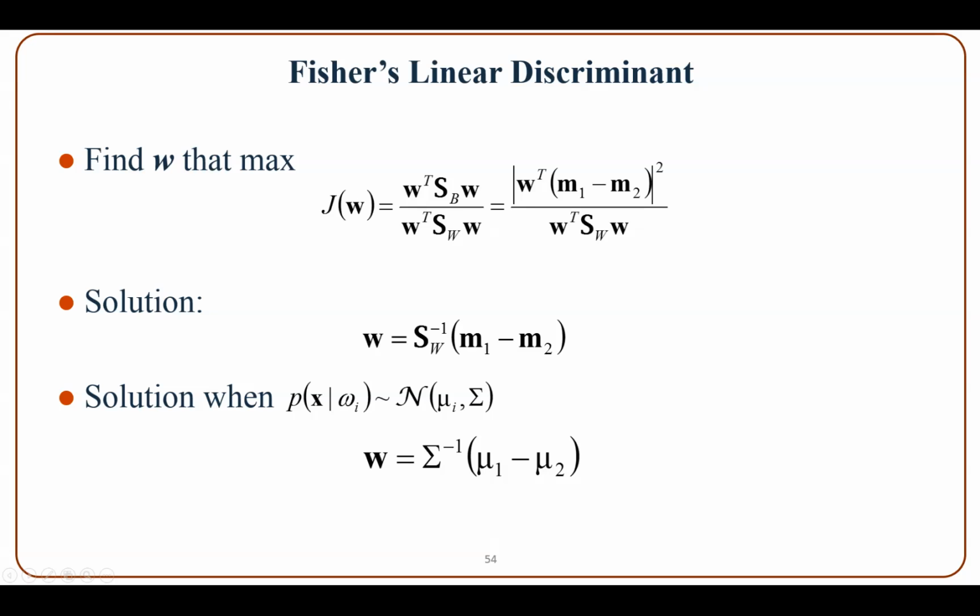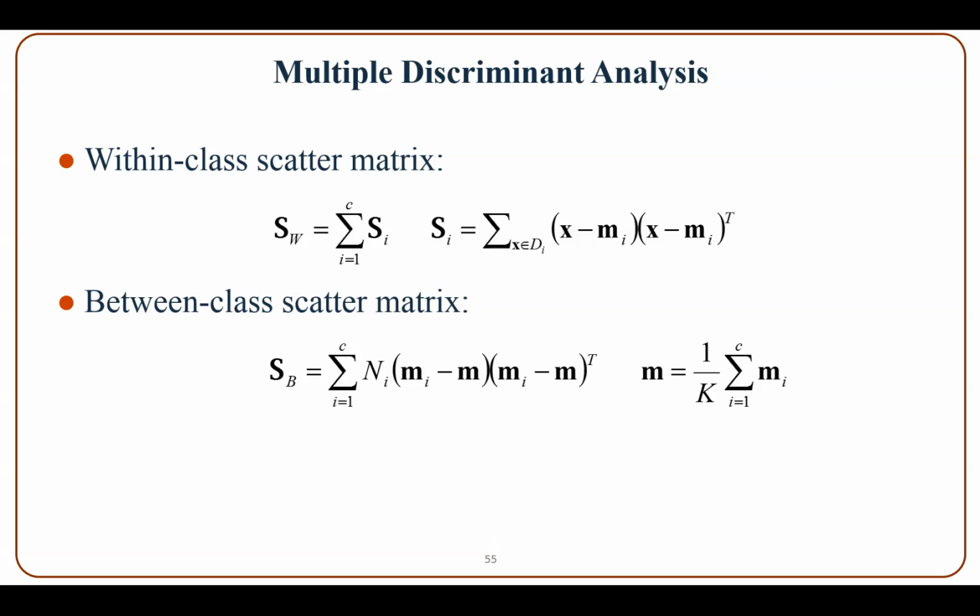In general, when we have multiple classes, the within class scatter matrix SW is the sum from 1 to the number of classes of Si, and the between class scatter matrix SB is the sum from 1 to the number of classes of Ni, which is the number of points in class i, times the product of (Mi minus M) and (Mi minus M) transpose.